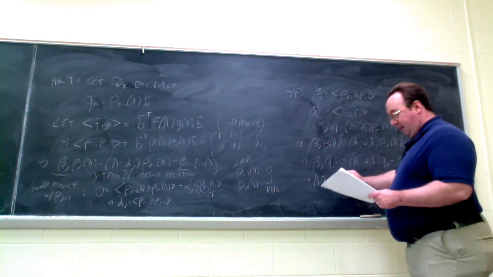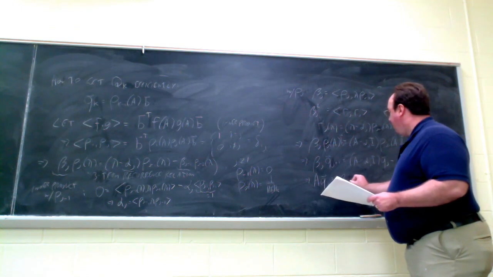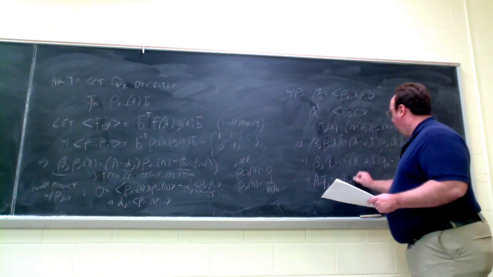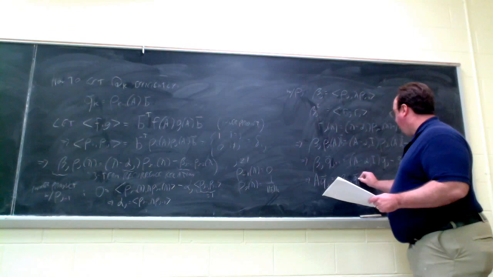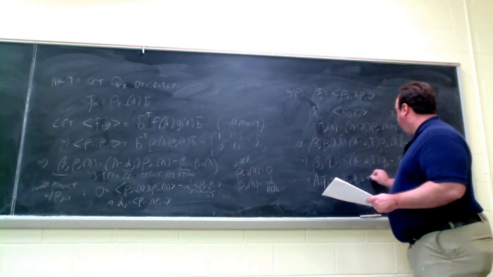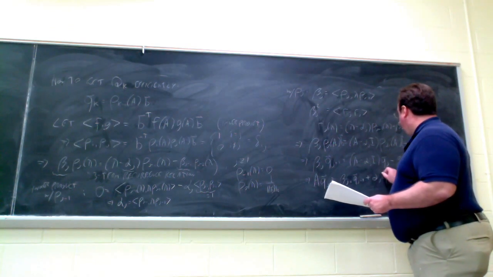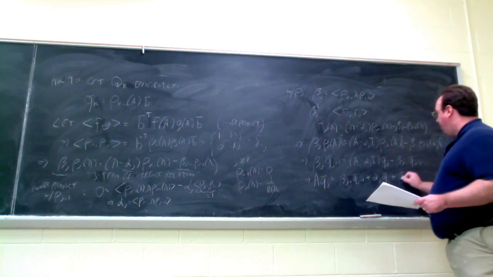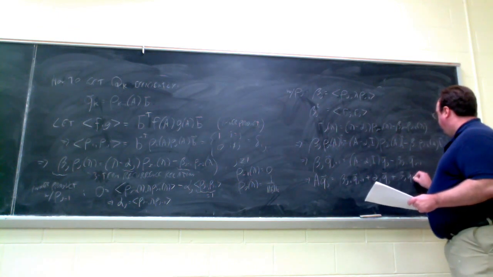So I'm going to have beta j minus 1 q j minus 1 plus alpha j qj plus beta j q j plus 1.